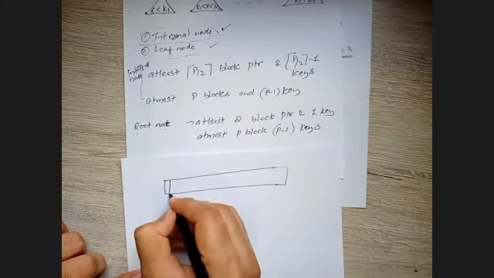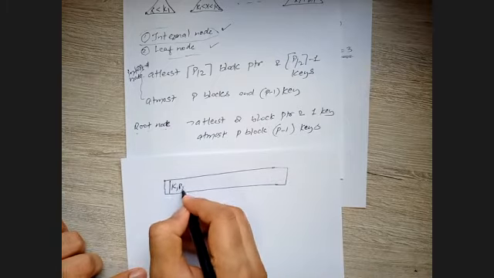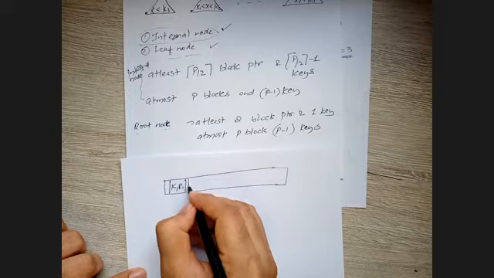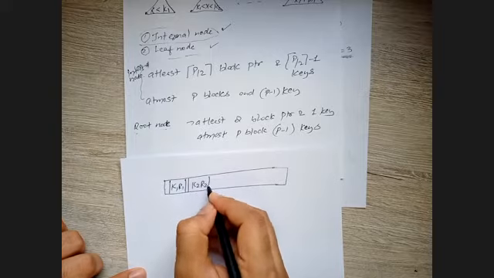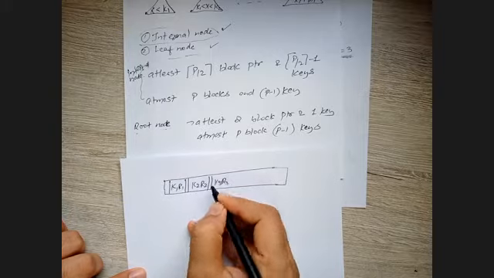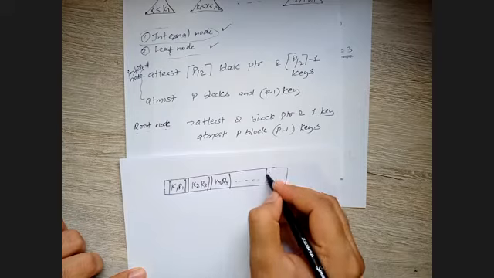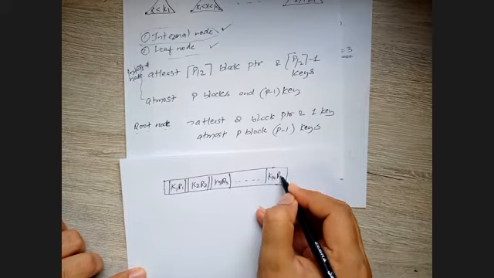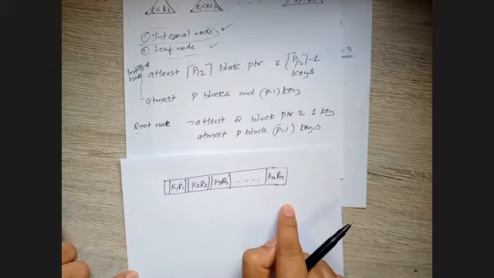So let's say we have key-value pairs K1 R1, K2 R2, K3 R3, and so on, up to K14 R14. That's 14 elements here, right?